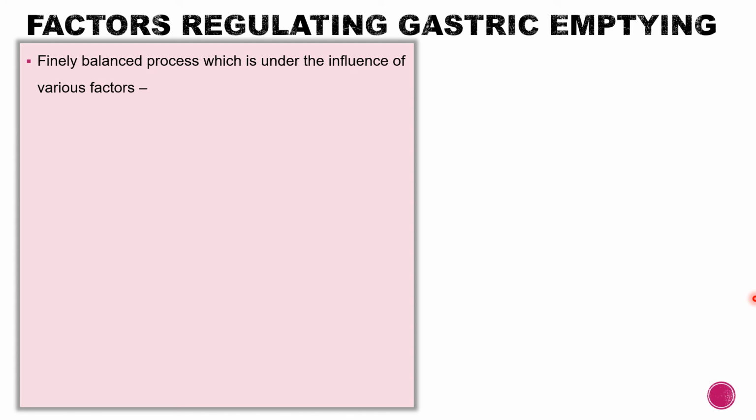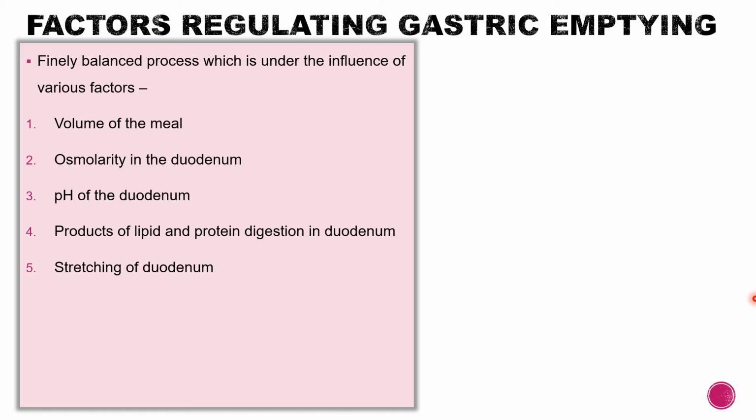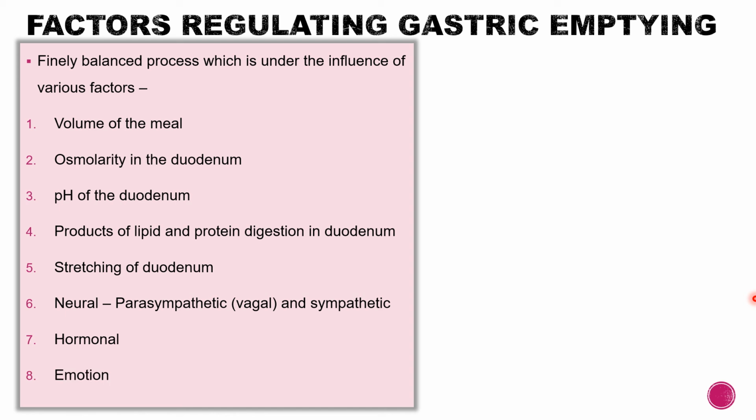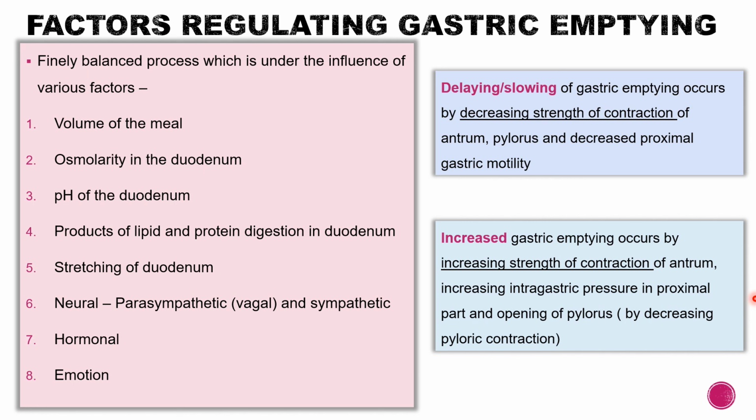These are finely balanced processes under the influence of various factors: the volume of the meal, the osmolarity in the duodenum, the pH of the duodenum, the products of lipid and protein digestion in the duodenum, stretching of the duodenum, some neural influences, some hormonal influences, and finally the role of emotion. So gastric emptying can be delayed or increased.